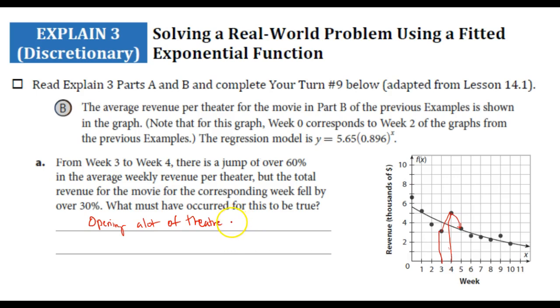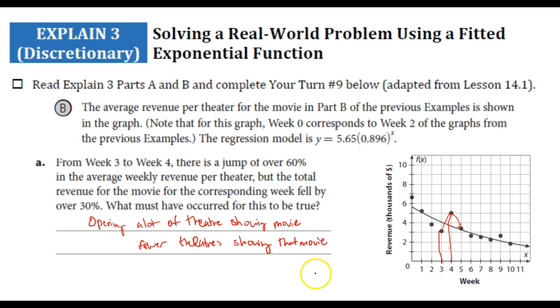But as the popularity goes down, you see that there's fewer theaters showing that movie. So that could explain why from one week it shoots up because there's a bunch of movie theaters showing that movie, and then it dips back down, probably because there's just fewer theaters showing it, right?